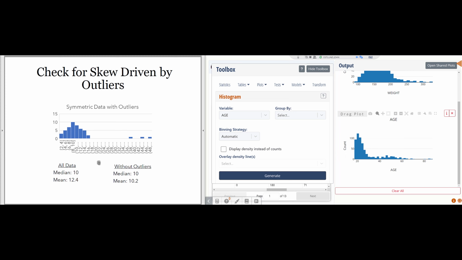So this one data collector writes down these values 38, 44, 48, when what this data collector should have written down was 3.8, 4.4, and 4.8. In this kind of situation, these outliers are errors, and you are completely justified in throwing those outliers away and using the rest of the data to do your analysis.